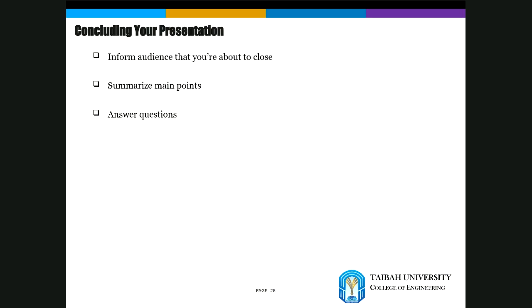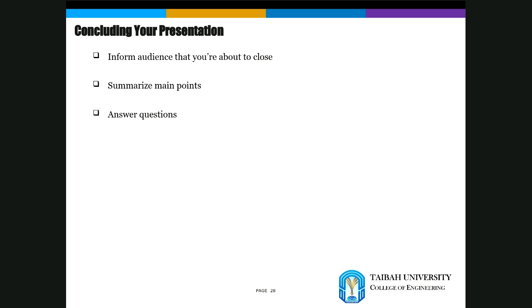Conclude your work. Inform the audience that you are about to conclude. What does that mean? Before you come to the conclusion, you might have one or two slides, and you might mention that the final result we have gotten from our project is such and such. With that, you make us understand that you are about to close the presentation.